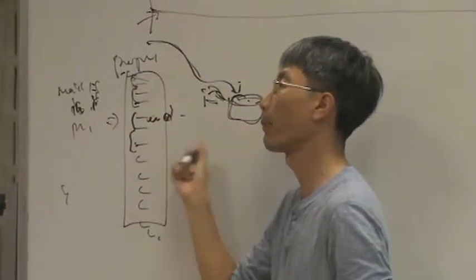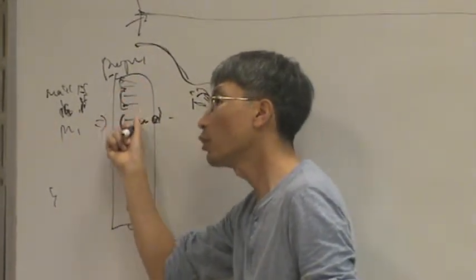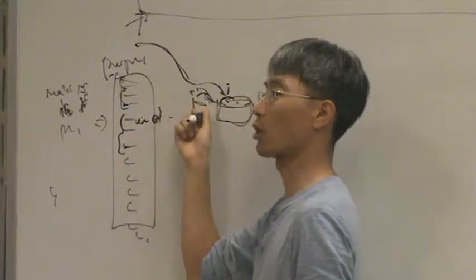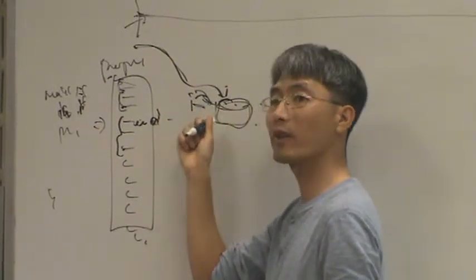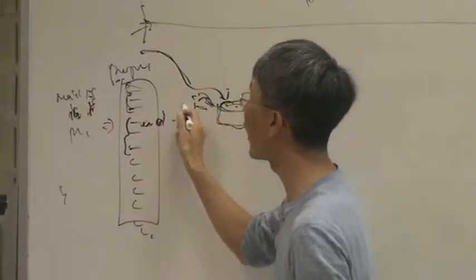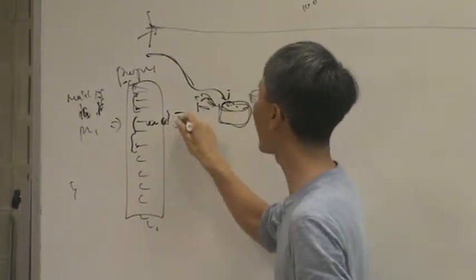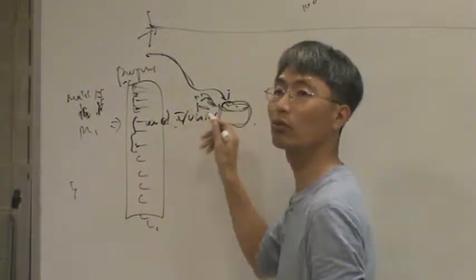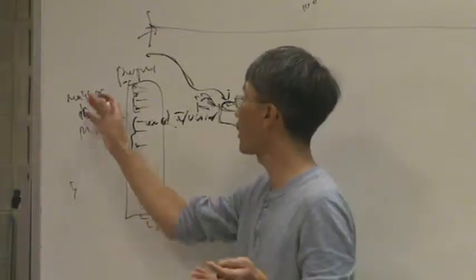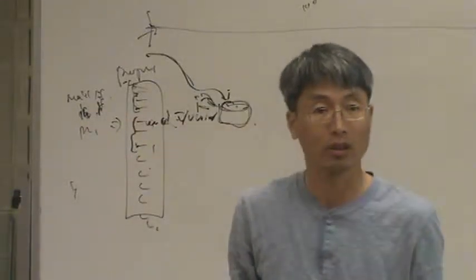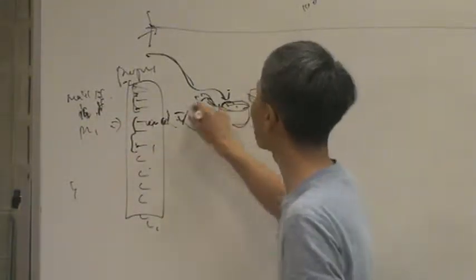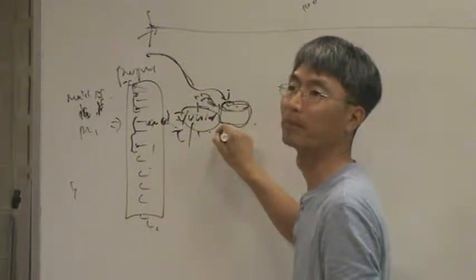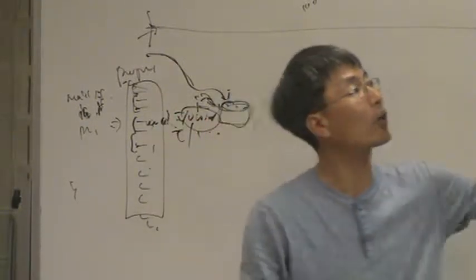How long does it take compared to the CPU computation? It's very, very slow. So during that time, it's called the I/O wait. You cannot do anything. Without data, you cannot process the next instruction. This I/O wait time is called I/O burst time.